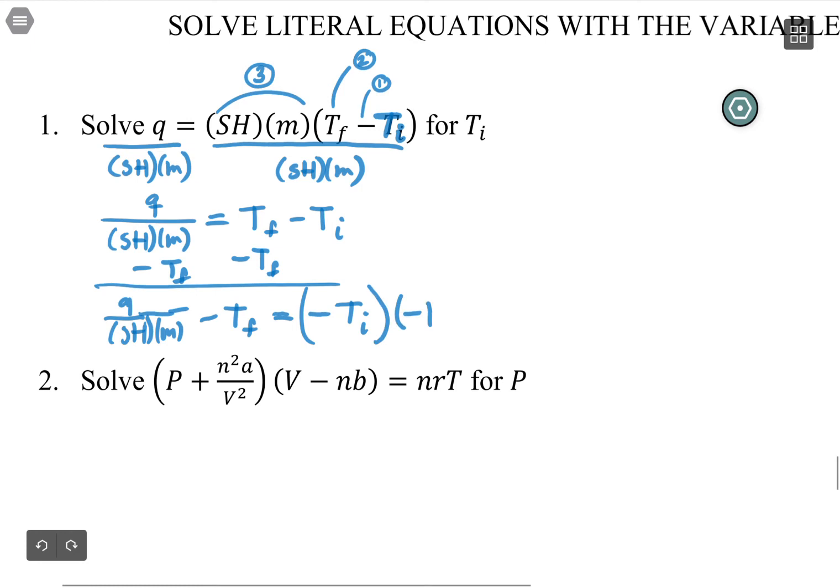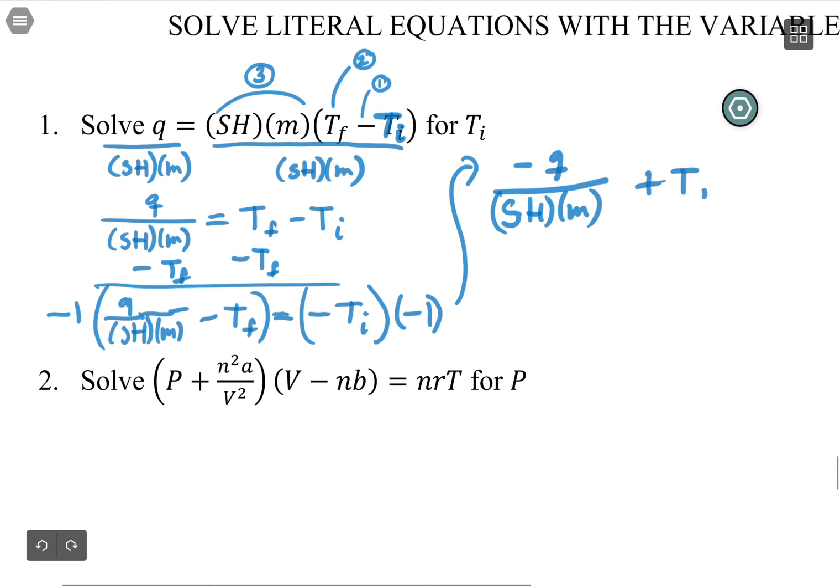It's all the same thing, right? We're just trying to eliminate the sign. Just because it fits better on my screen, I'm going to write that as multiply by -1. And I'll get negative Q over SH times M plus T sub F, make sure you distribute that, is equal to T sub I. And that's my final answer.